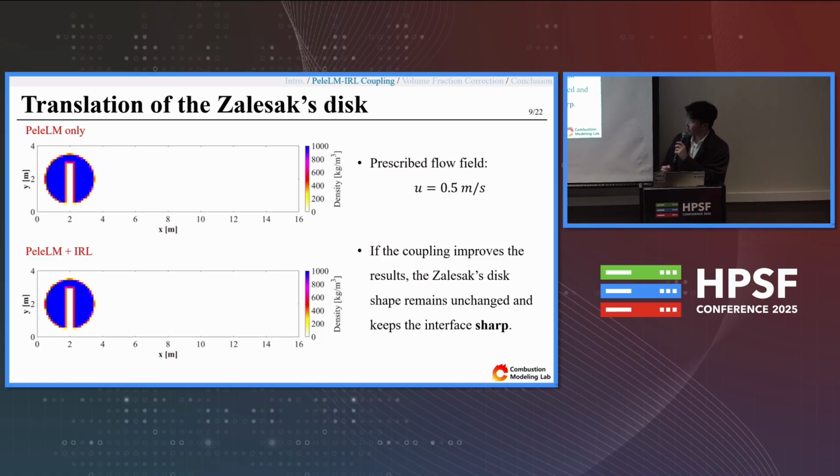The interface is not maintained. If using the coupled PeleLM and IRL, the Zalesak disk shape remains unchanged and keeps the interface sharp.